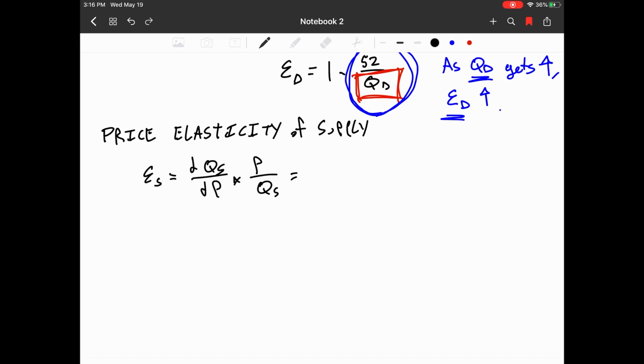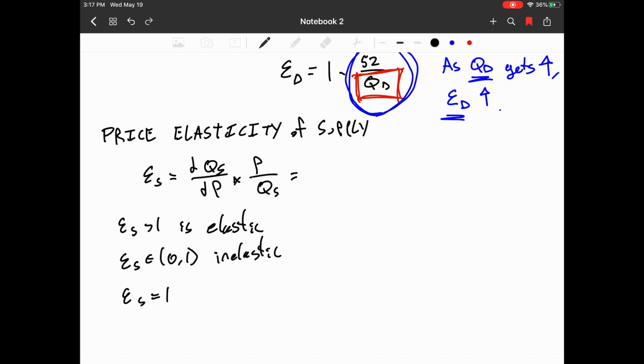Well, first let's classify different values here. So elasticity of supply that's greater than 1 is elastic. When we're between 0 and 1, we say this is inelastic. And when it's equal to 1, this is unit elastic.